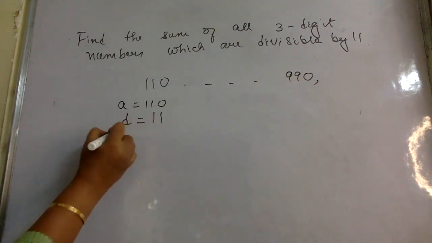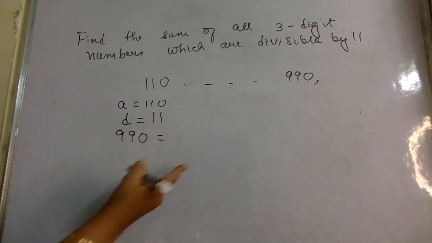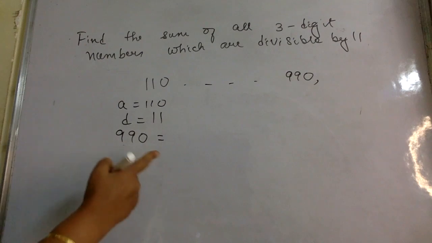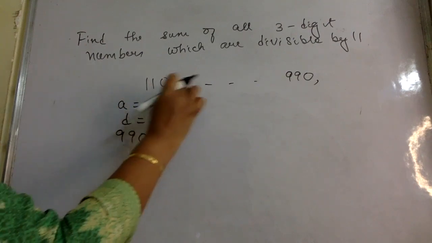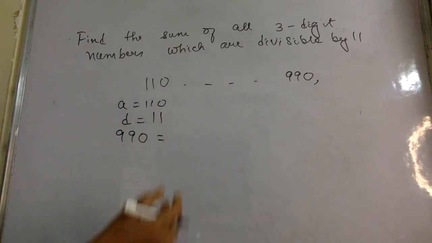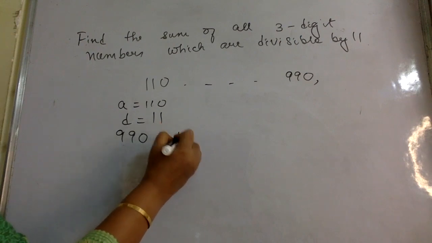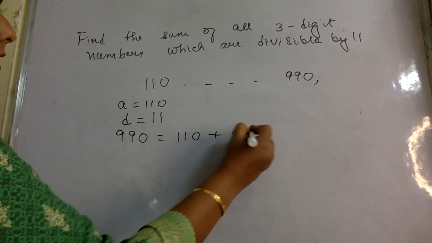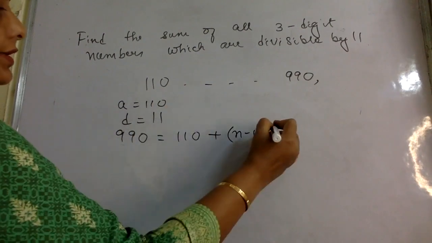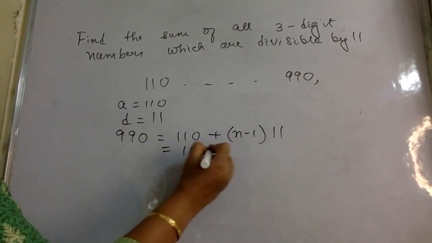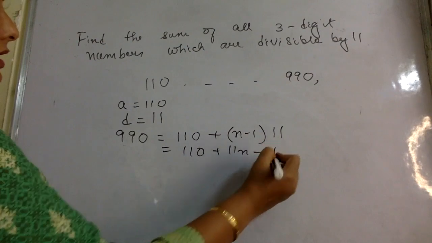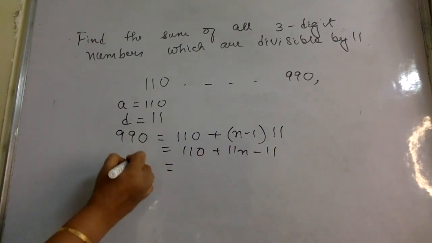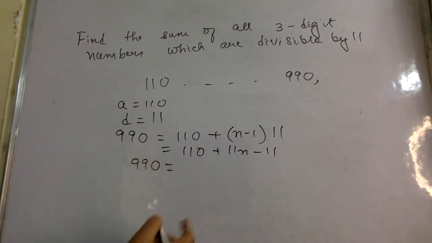We'll take this 990 and put it in the Tn term and see what the term number is. That many number of terms we have in this AP. So 110 plus n minus 1 into D, and D is 11. So 110 plus 11n minus 11, that is 990.